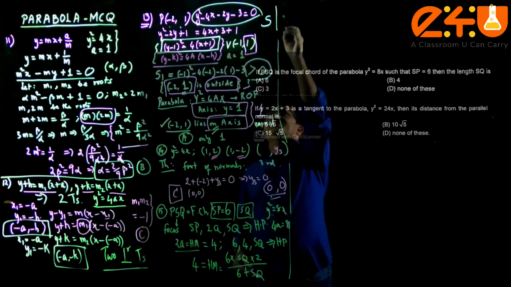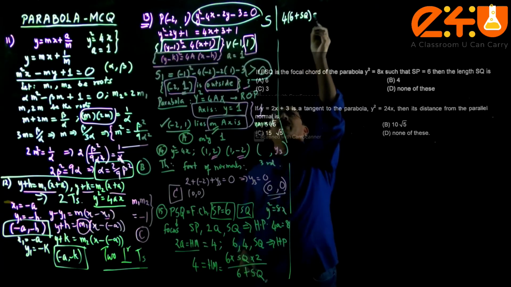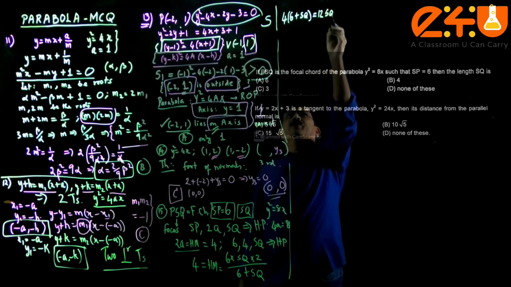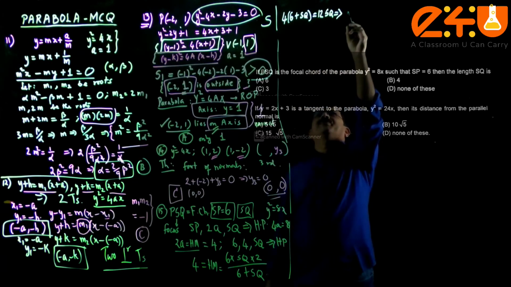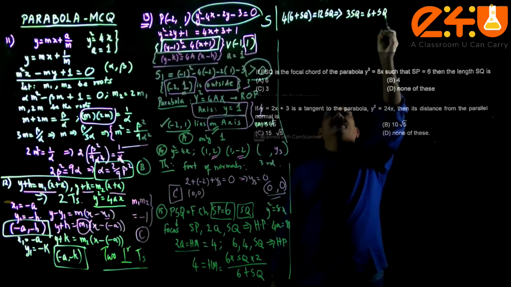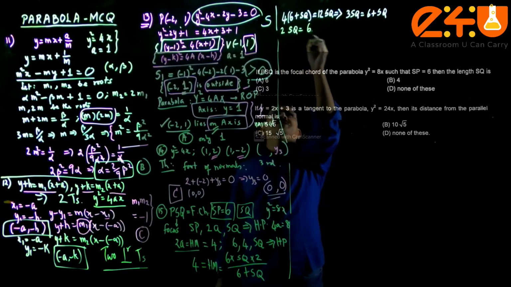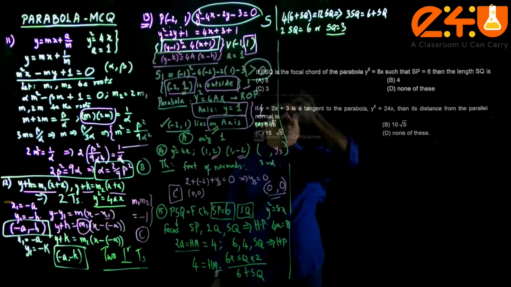So what I get is 4 times 6 plus SQ, on the RHS I have 12 SQ, which means 4 I can cut off. So 3 SQ is 6 plus SQ. In other words, 2 times SQ is 6 or you get SQ is 3.